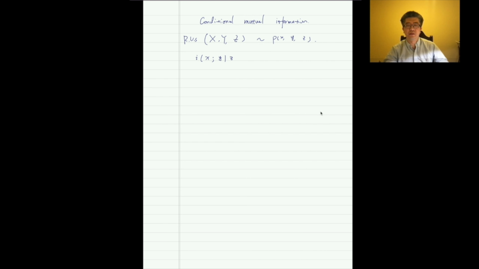The definition is identical as before; the only difference is that we condition every probability on z. This is defined as I(x given z) minus I(x given y and z).